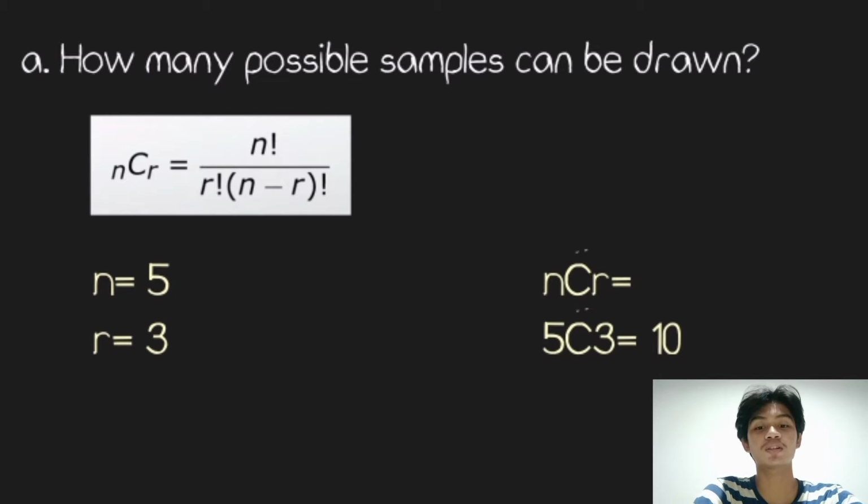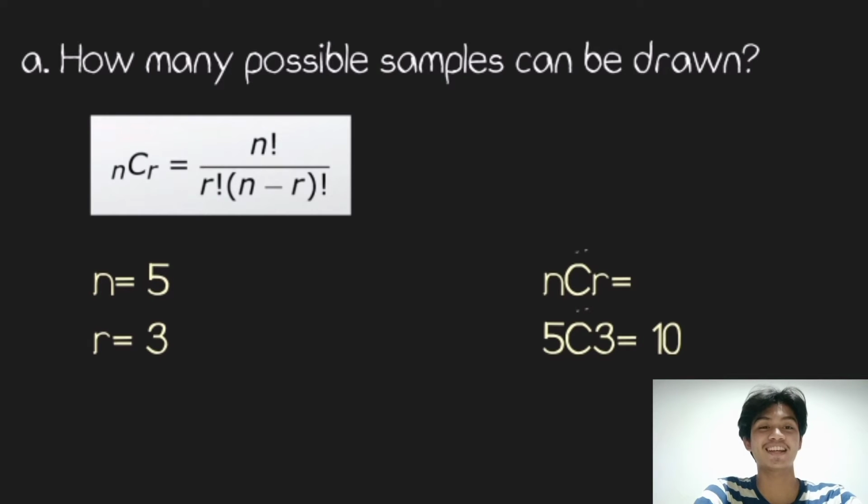Here we use combinations to find the answer. So the n here is 5, and the size 3 is the r. So factorial of 5 is 120, over 6 times 2... then as we solve that all, we will get the answer, which is 10.